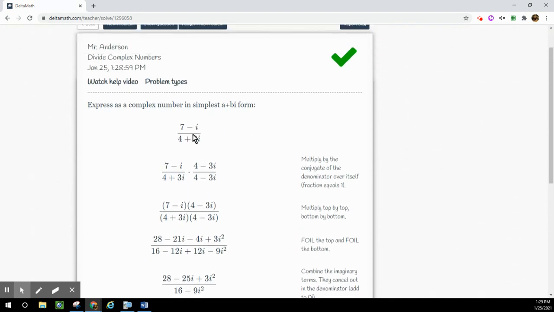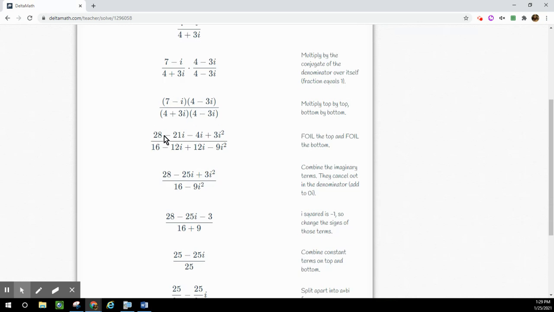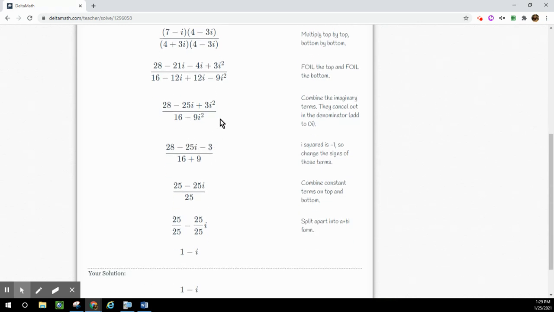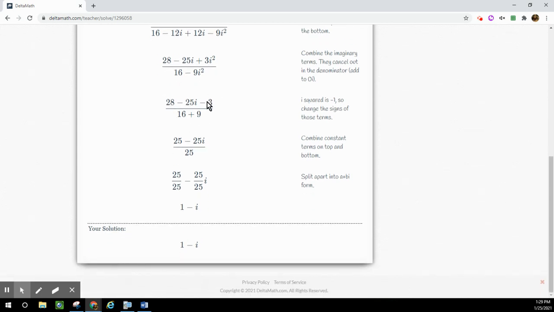By hand, the complex conjugate is, instead of 4 plus 3i, we multiply by 4 minus 3i, which this term is just 1. Multiply out the top, multiply out the bottom, combine, make the i squared equal to negative 1, and just work your way down, and you get that same answer, 1 minus i.